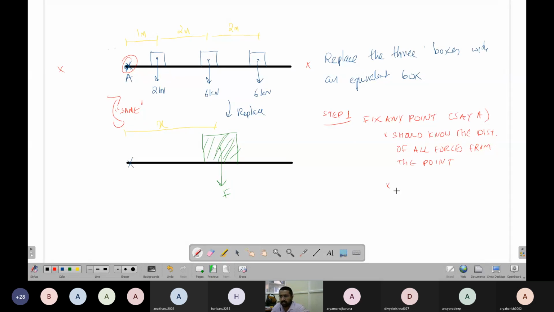You make sure that you have to follow 2 conditions.